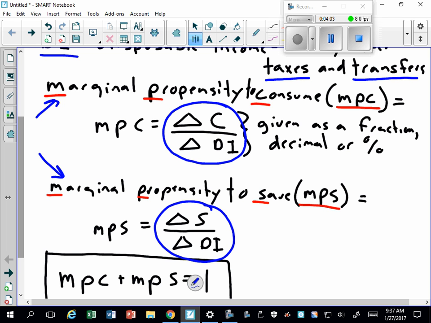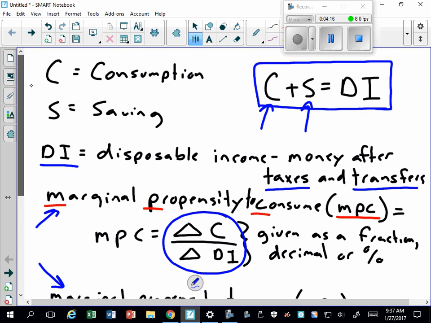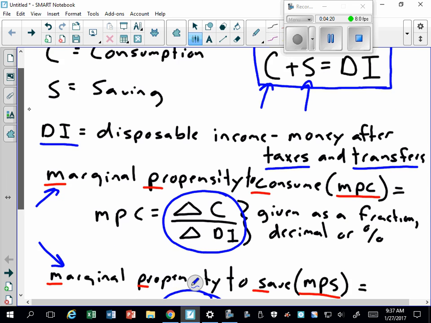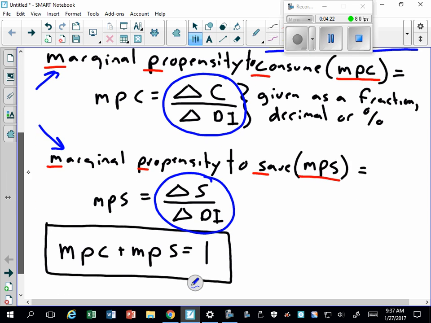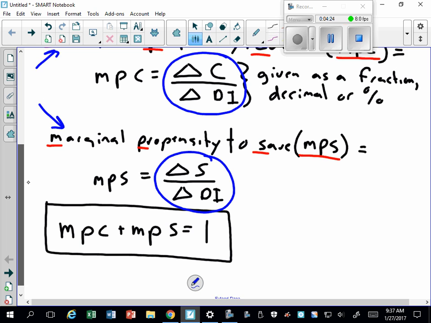If disposable income goes up, both consumption and savings are going to increase. And if disposable income goes down, both consumption and savings will decrease. And we'll talk about that in a second.